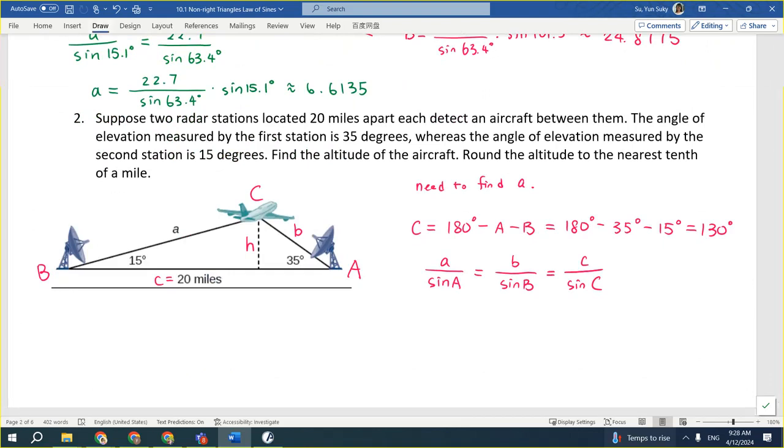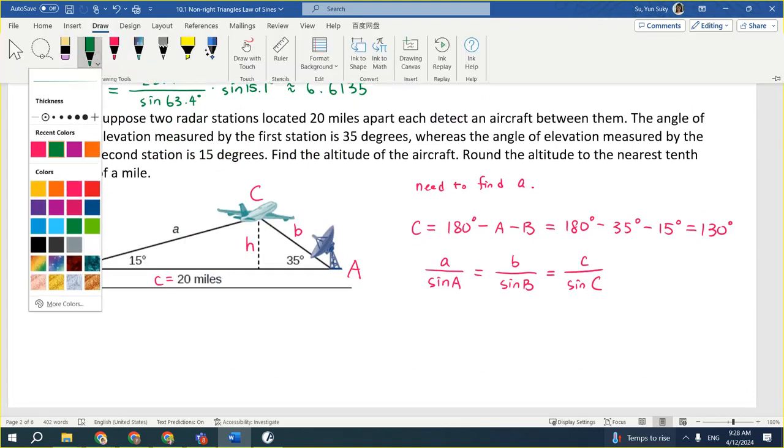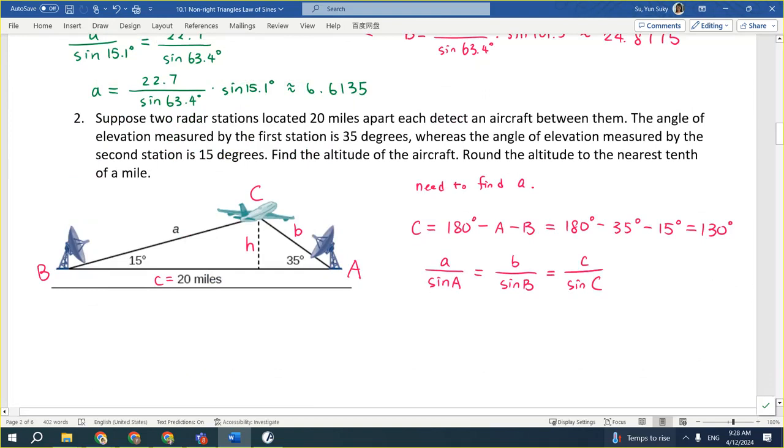Okay, next. We can then plug in. Let's see. Do we know angle A? Do we know side A? No, actually, we're looking for side A. Do we know angle A? Yes, that is 35 degrees. Do we know side B?